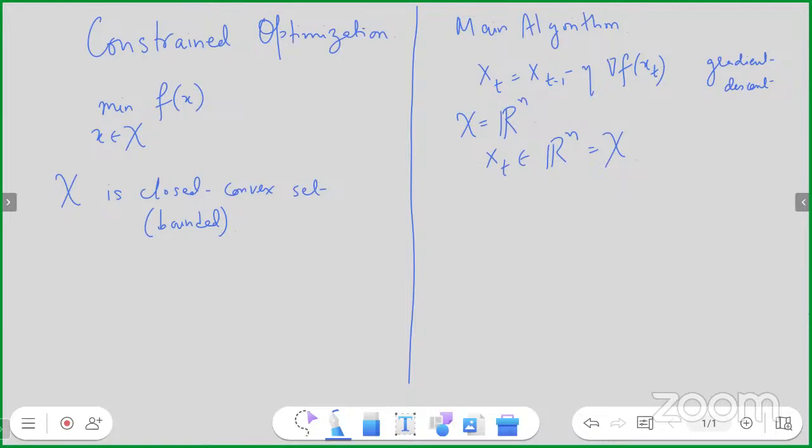It reaches the boundary. But in the gradient descent step, you're not conforming to any constraint on x, right? You're just going wherever the gradient takes you. It need not remain inside the constraint set X. So you might get an answer which is infeasible.